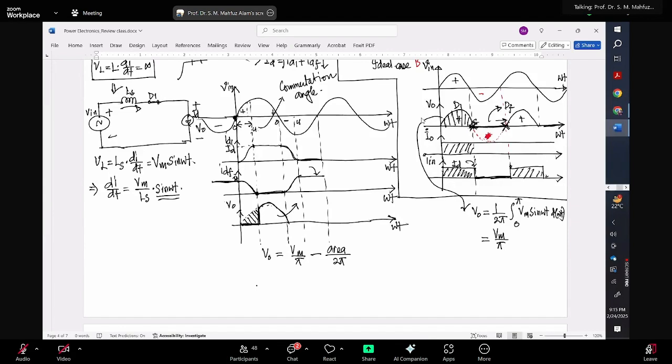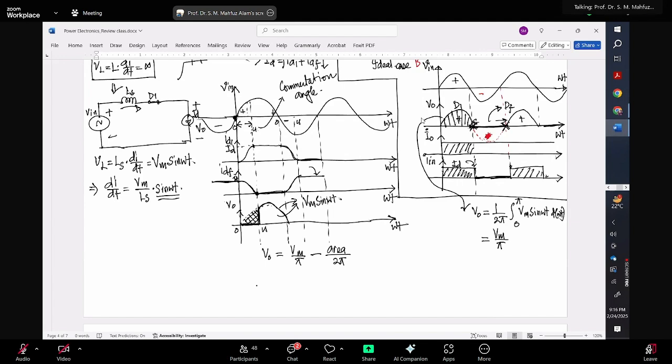Do you understand what I did here? Yes, sir. So what is this area? This is starting from 0 to u. What is the equation of this waveform? It should be Vm sine omega t, right?